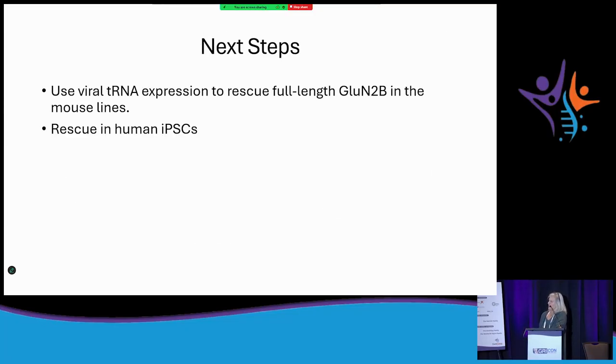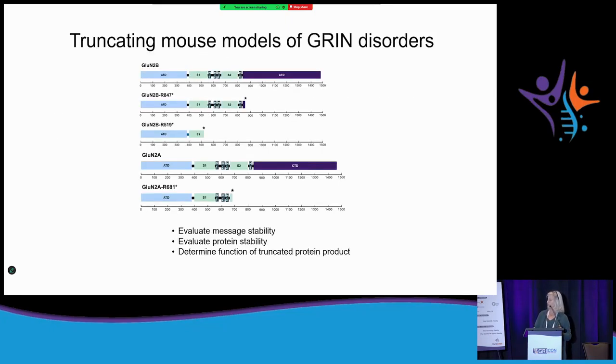So where are we going now? We have experiments in progress, putting viral tRNA expression into the mouse model, to see if we can rescue the protein, the functionality, and the behavior. We've also, in my lab, made the human iPSCs that are hets that express these truncated forms for 519 and for 847.